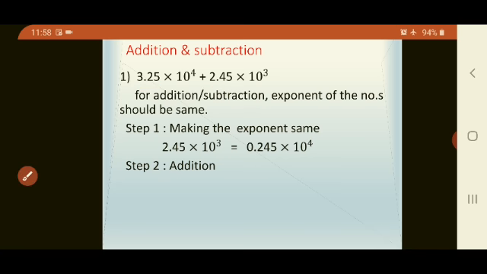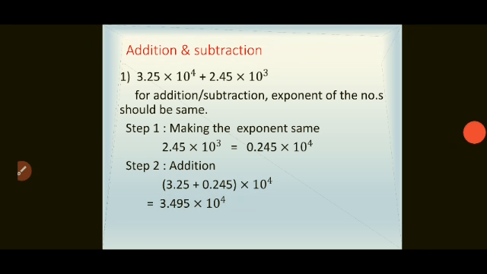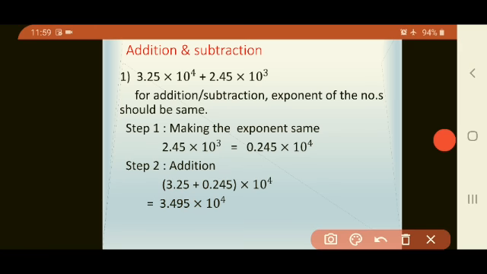Let us see how to do it. 3.25 plus 0.245, into 10 to the power 4 taken common. So what is the answer? Now this addition is done as usual, as you have done in your school days. Okay, I hope you know this. So 3.495 into 10 to the power 4.